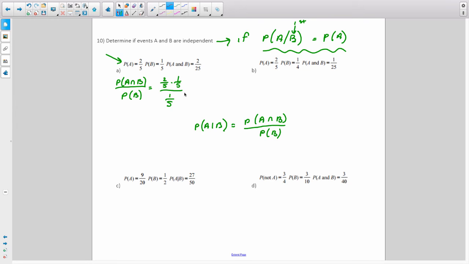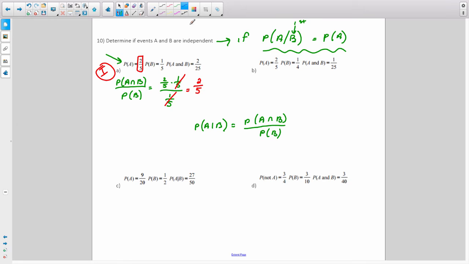Wouldn't you know it? Look at this. I don't even have to do this math. Bang, bang. We cross those out. Totally allowed to do that. Final answer, 2 over 5. What's the probability of A? 2 over 5. They match. This is independent.